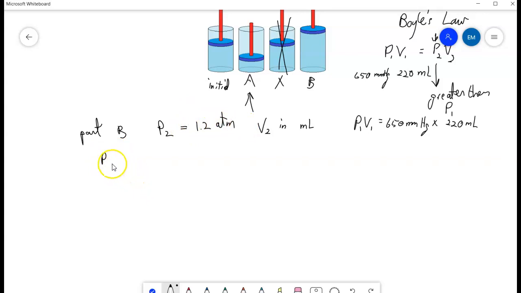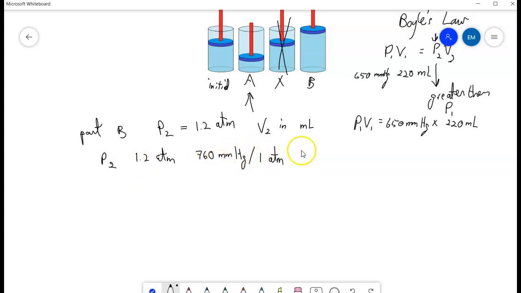So we can convert P2 to millimeters Hg, and remember the conversion factor, it is 760 millimeters Hg per 1 atmosphere.